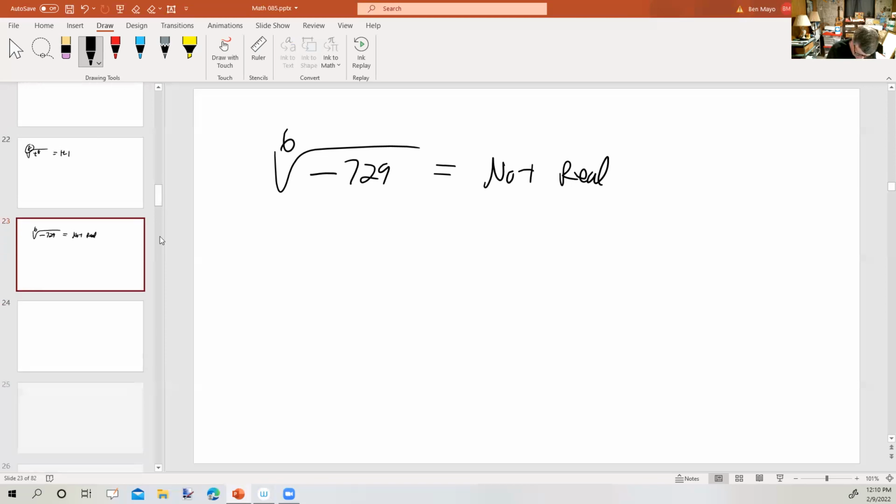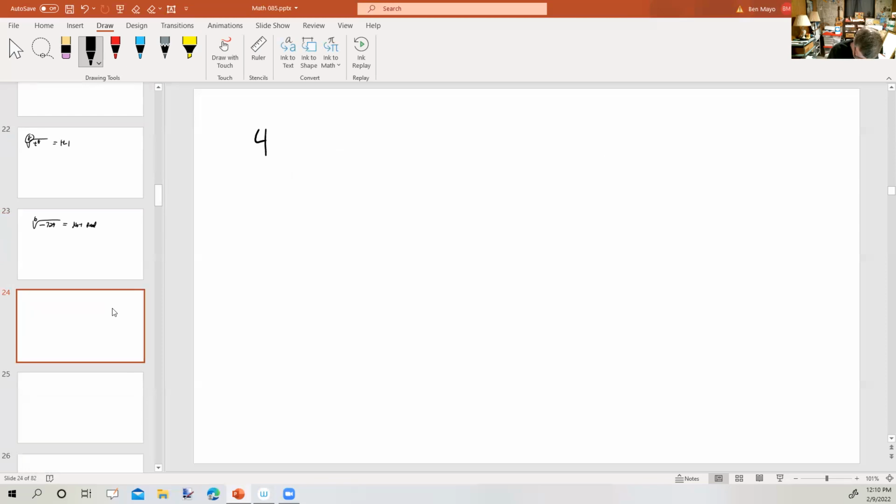Let's see. How about this one? The 4th root of x minus 7 to the 8th power. Again, variables are unrestricted. Well, this would be x minus 7 squared. And I don't need absolute value bars because if x minus 7 is negative or 0, squaring it, it's not going to be negative.